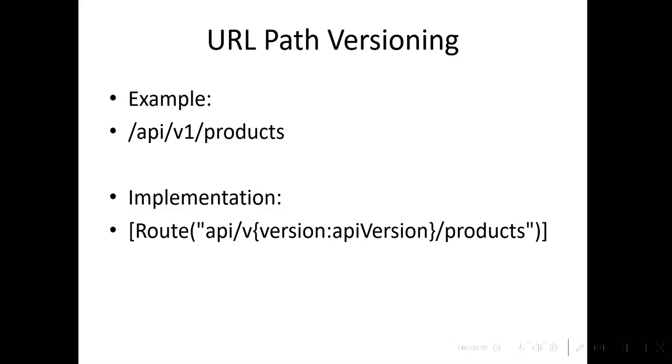But there is a drawback: the version appears in the URL, and some consider that not RESTful. That's the only thing. But in about 90% of cases, most developers use URL versioning.